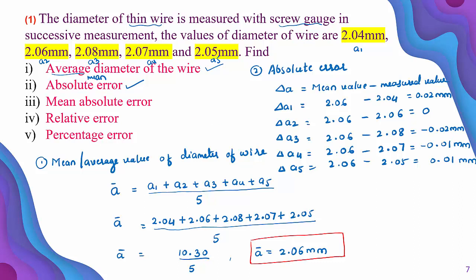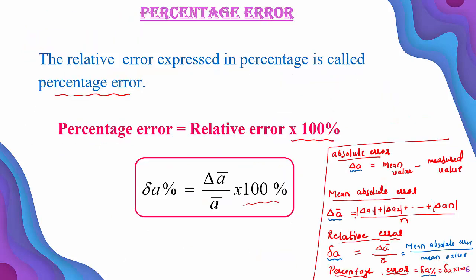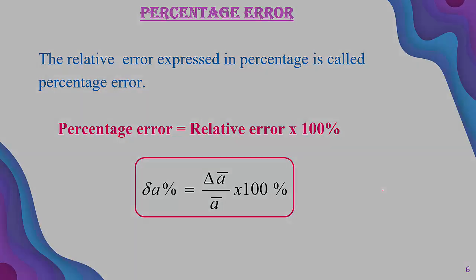Now we have to solve the third one, mean absolute error. Right? The third point is mean absolute error. How to find mean absolute error? Mean absolute error means delta A bar equal to the mean of absolute error. So here we have to consider only positive magnitude.